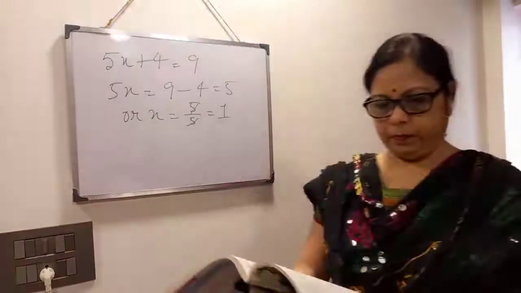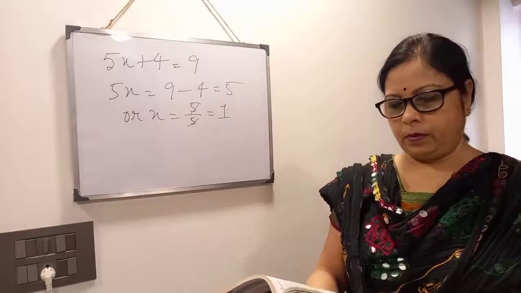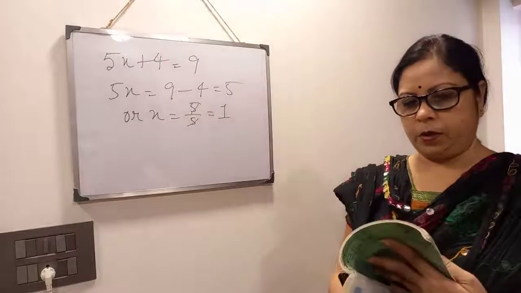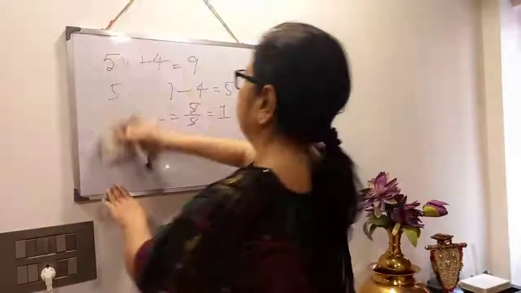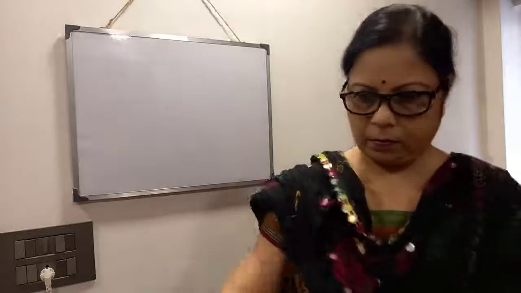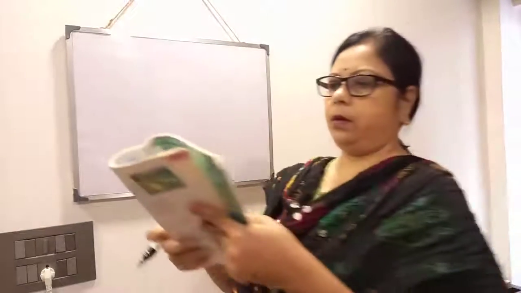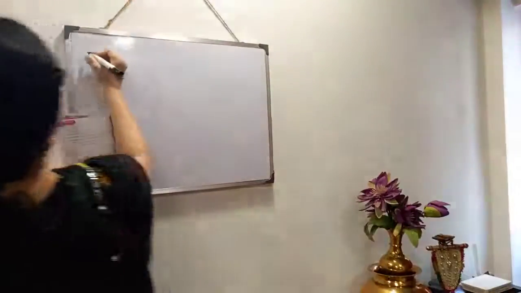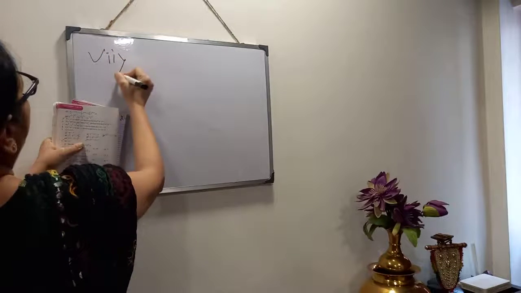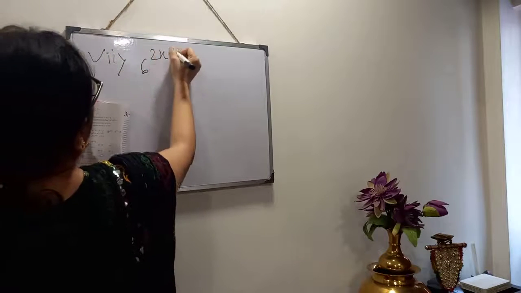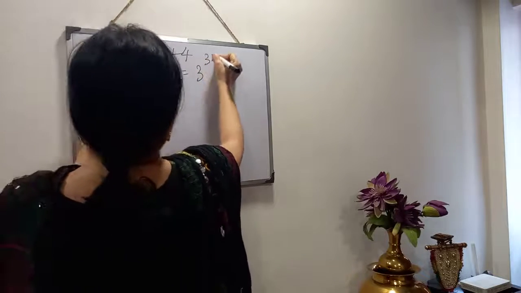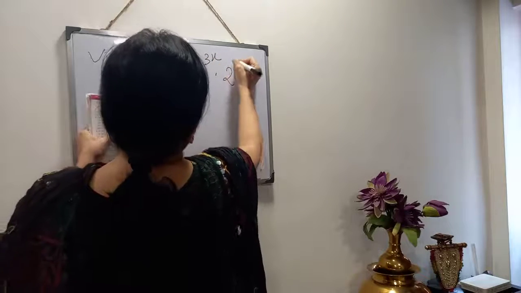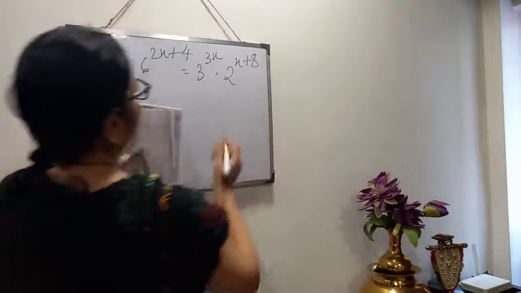Now next one. It is given in this form, number 7. 6 to the power 2x plus 4 equals 3 to the power 3x into 2 to the power x plus 8.